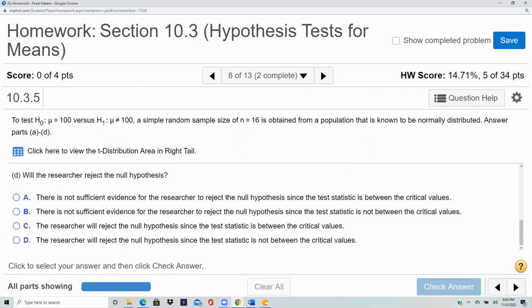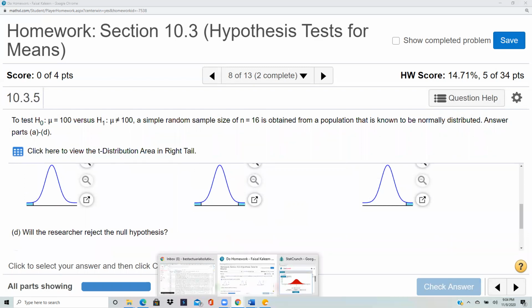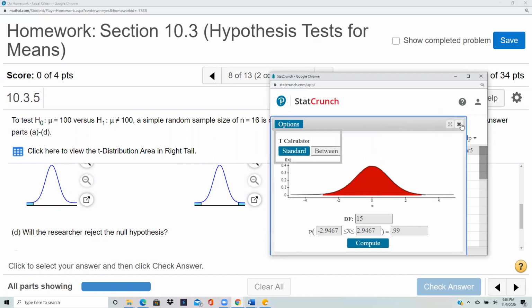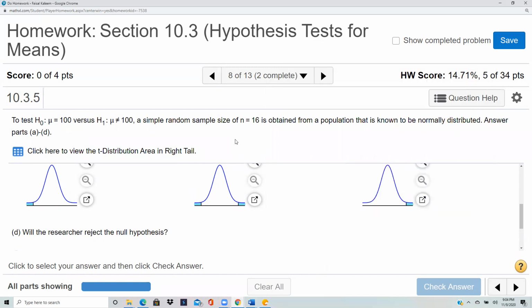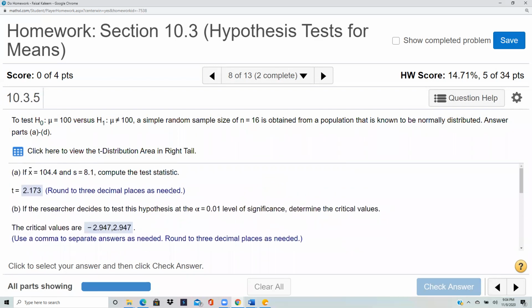And let's see, what was the p-value? The p-value was 0.0462, and alpha is 0.01.